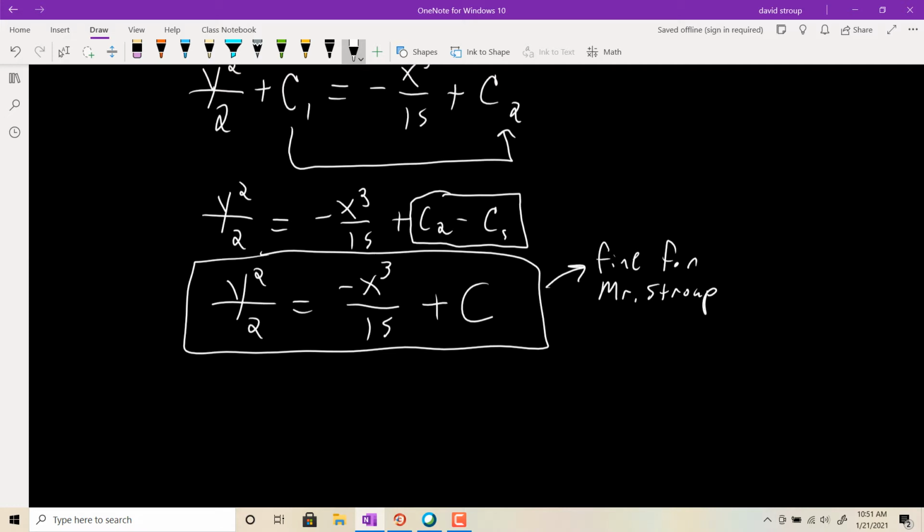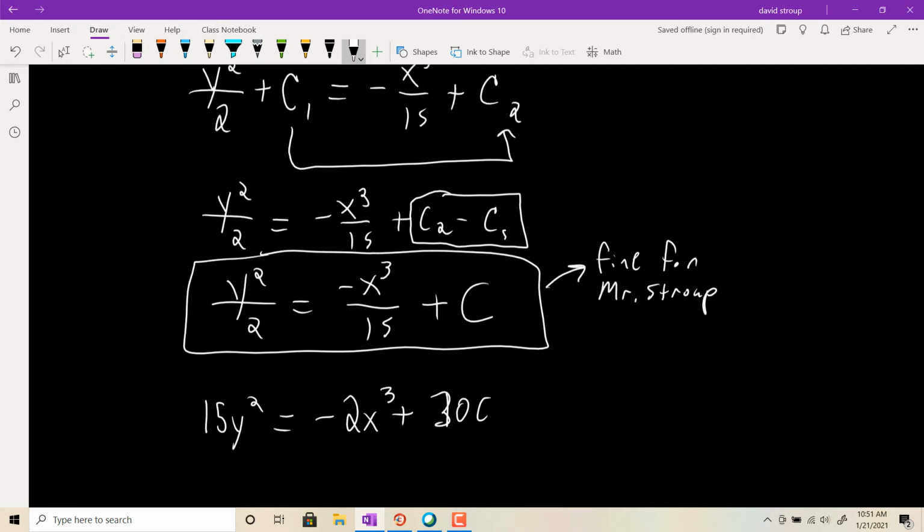But if you're a book publisher, you probably want to get rid of the fractions. So one thing they're going to do is multiply through by 30. You'd end up with 15y squared equals negative 2x cubed plus technically 30c.